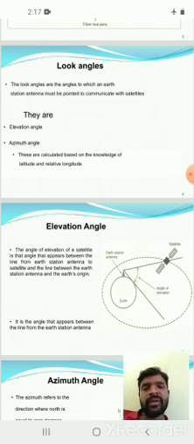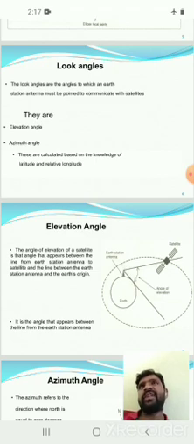These look angles are mainly divided into two types: elevation angle and azimuth angle. These are calculated based on the knowledge of longitude and latitude values. Latitude and longitude values are used to measure the satellite position when the satellite is rotating in the orbit, which position the satellite is in, or which angle it is from the Earth station for communication.